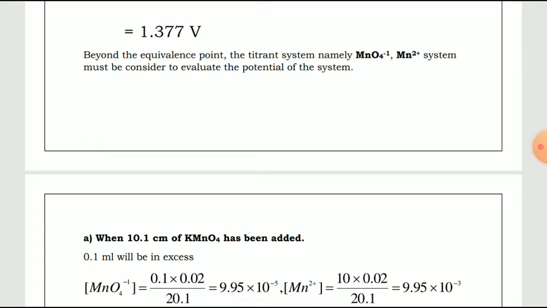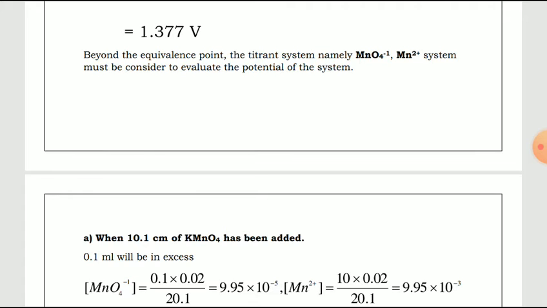See, we have added 0.1 excess of KMnO4, but the concentration of KMnO4 is 0.02. That's why we have multiplied 0.1 into 0.02 upon 20.1. In the beaker we have taken 10 ml, from the burette we have added 10.1, then the total volume becomes 20.1. When we calculate this, we will get 9.95 into 10 raised to minus 5. Then the concentration of Mn2 plus ion will be from the 10 ml only.